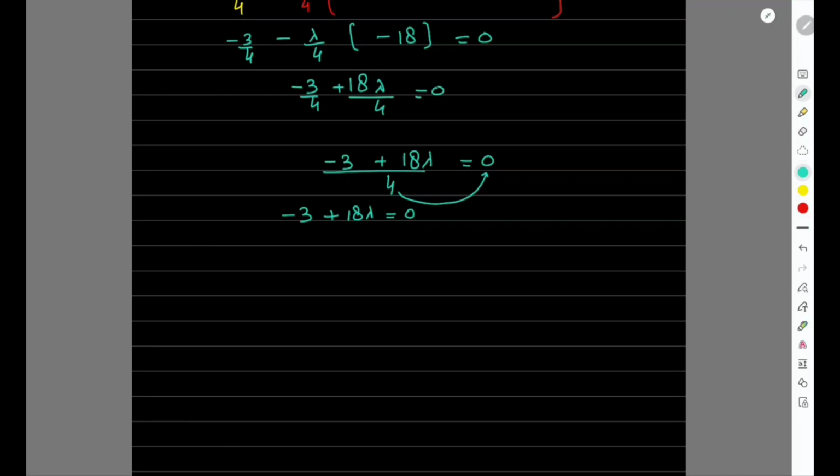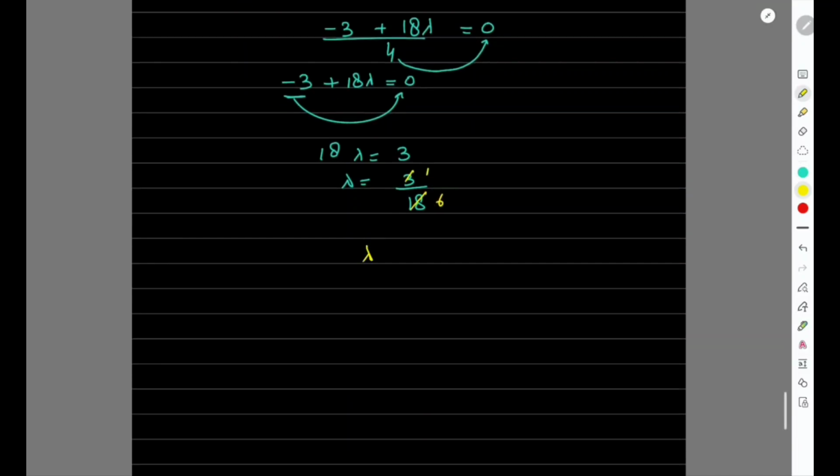Now this minus 3 when it goes to the other side becomes positive 3. So 18 lambda is equal to 3. Now lambda is equal to 3 by 18, which is 3 ones are 3, 3 sixes are 18. So we have the final value of lambda is 1 by 6. Here is the answer. Thanks for watching this.